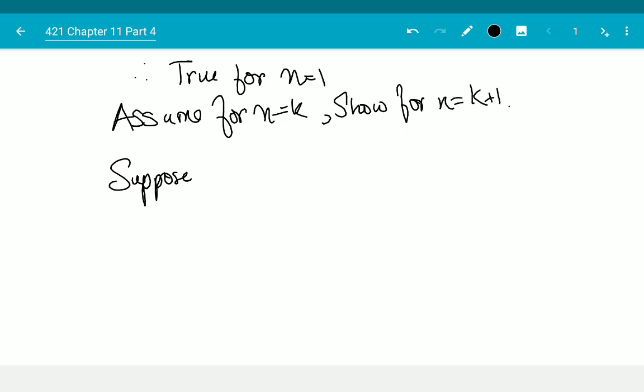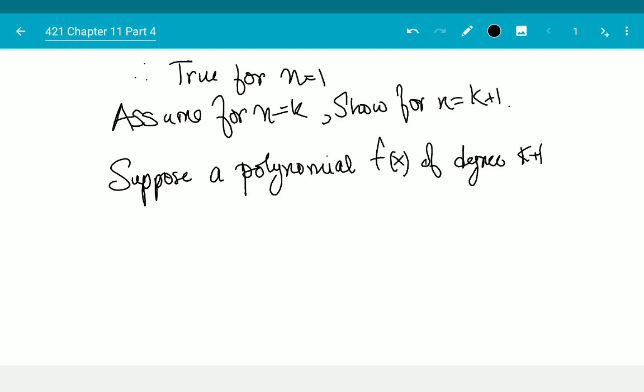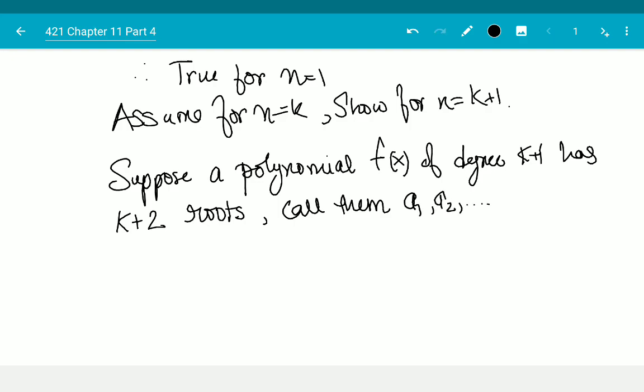Suppose a polynomial f of x of degree k plus 1 has k plus 2 roots. Call them a1, a2, all the way up to a(k+2), right?